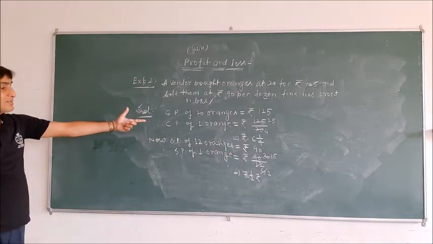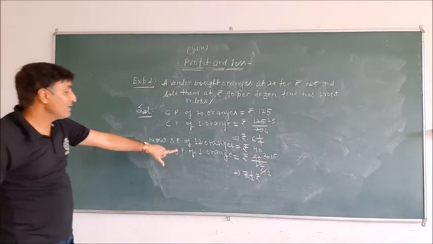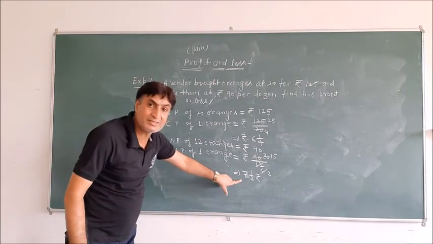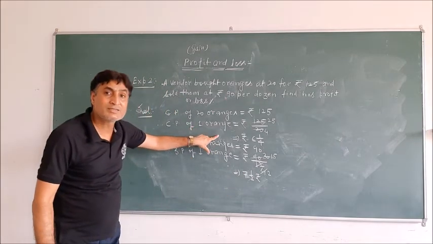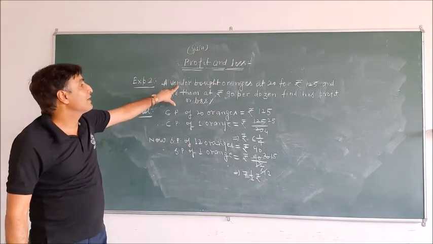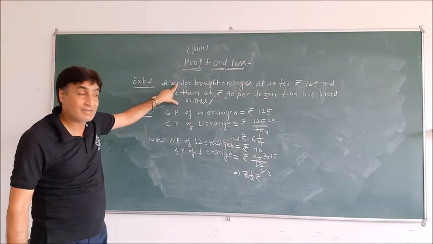Clearly here students we can see that the selling price of 1 orange is greater than the cost price of 1 orange. Therefore, this vendor has profit here again.